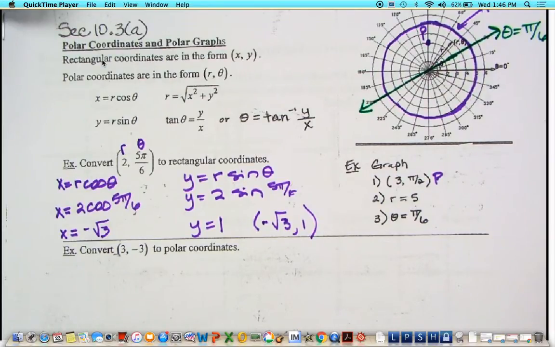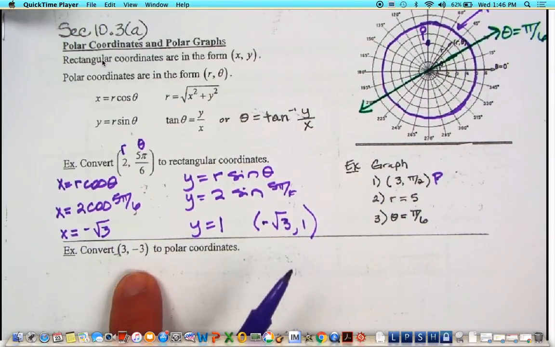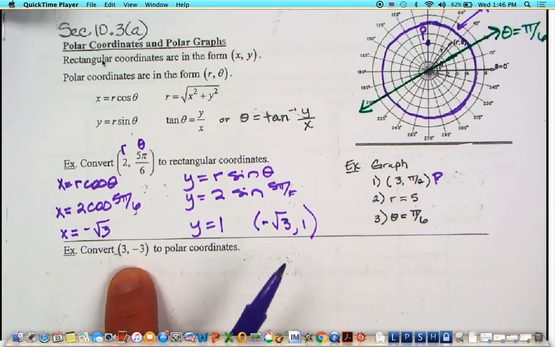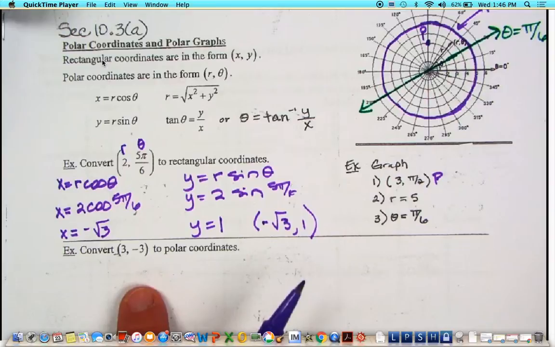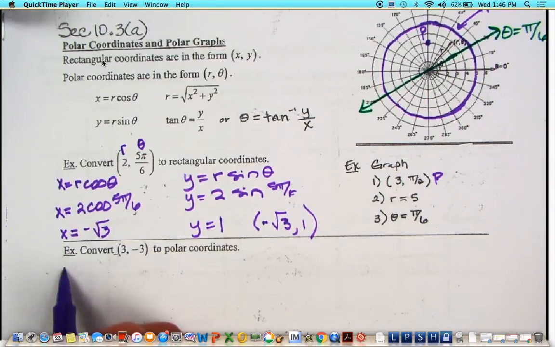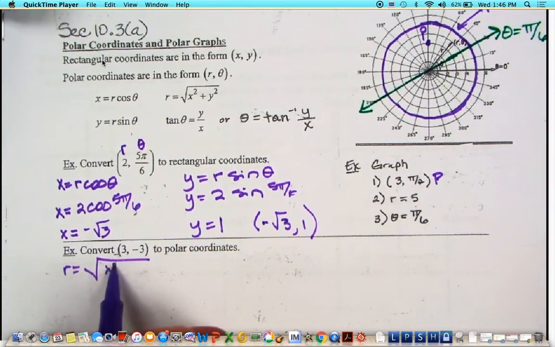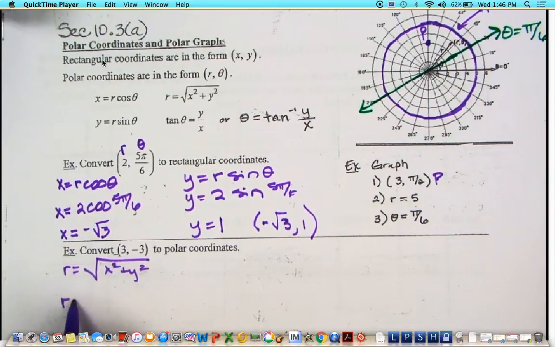Okay, so what happens now if I want to convert this rectangular to polar? I need to figure out what r is. I know that r is equal to the square root of x squared plus y squared. So r is equal to the square root of 18.